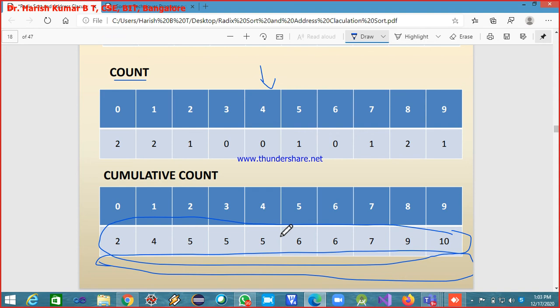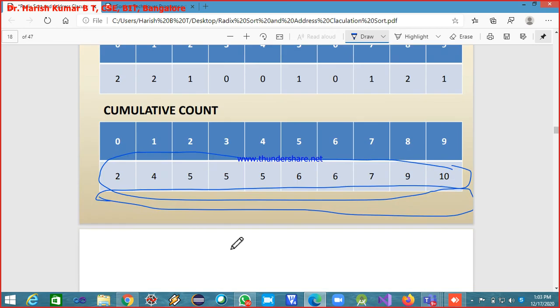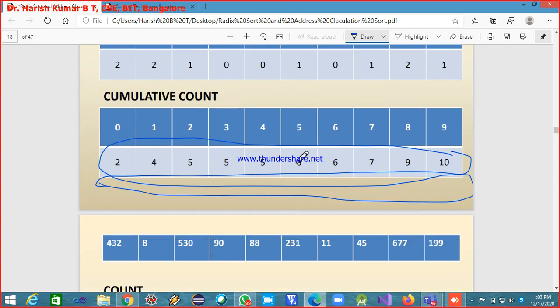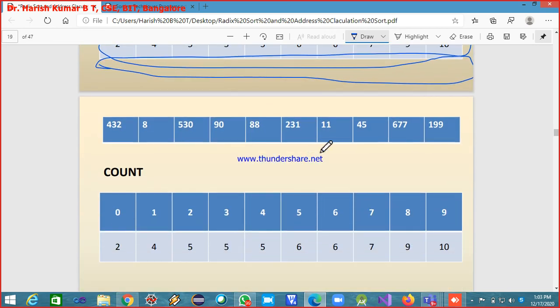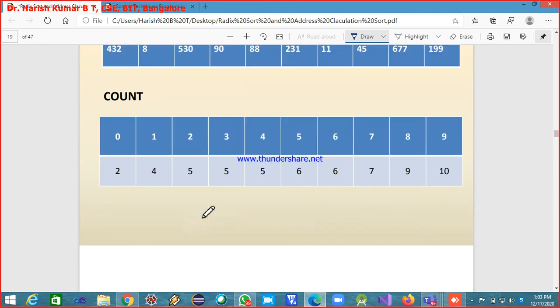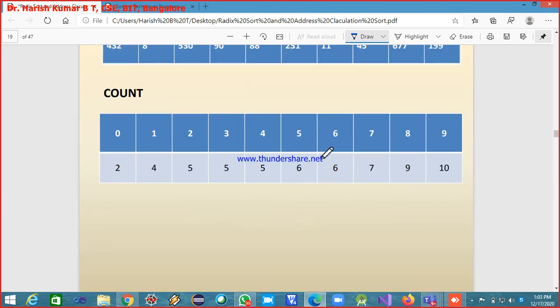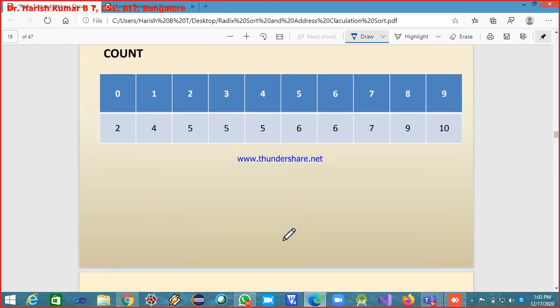Then we found the count of all the elements based on the occurrence of the digit at its ones place, and then we found the cumulative count. Okay, so this is what we got right now, the cumulative count shown over here.